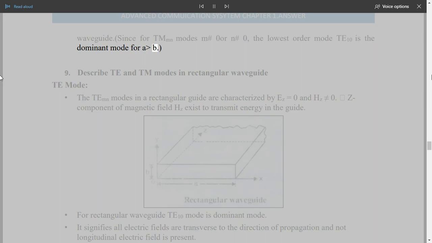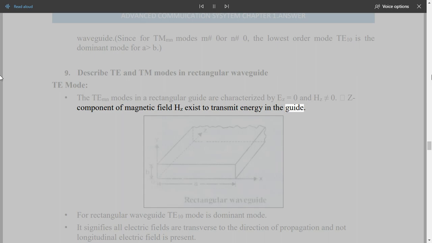9. Describe TE and TM modes in rectangular waveguide. TE mode. The TM modes in a rectangular guide are characterized by Ez equals 0 and Hz not equal to 0. The z component of magnetic field Hz exists to transmit energy in the guide.